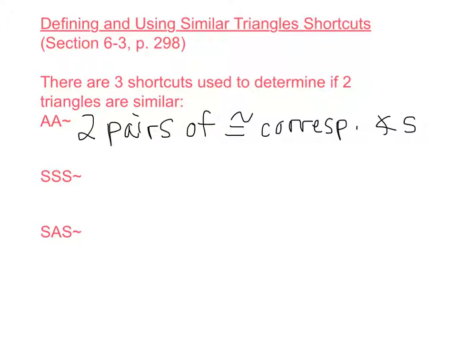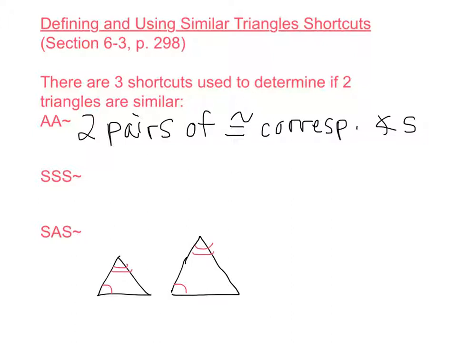If we just do a really quick sketch down here, and we have two triangles where we suspect that they might be similar, because similar, remember, means same shape, just a different size. And what we have is corresponding angles marked congruent, and we have two pair of those.